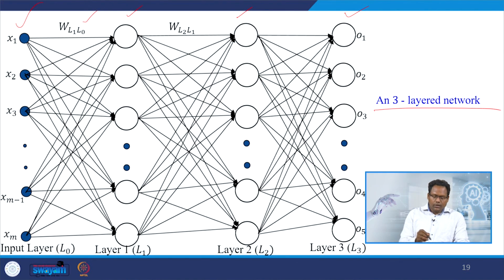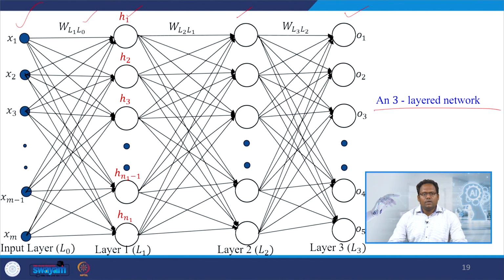Likewise, for the second hidden layer to the first hidden layer, the weight vector is given by W L2 L1, and W L3 L2 is the weight vector connecting the output layer L3 to the second hidden layer L2.